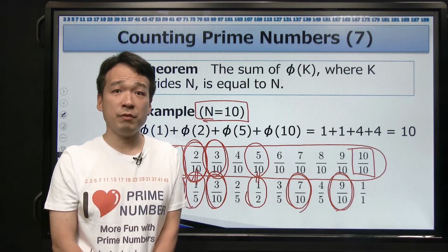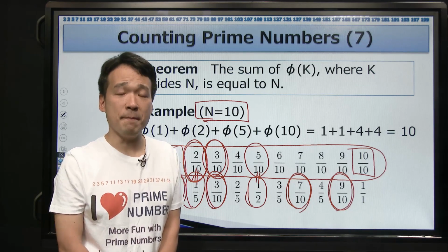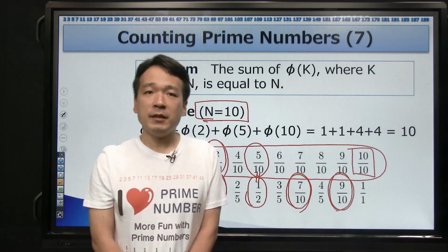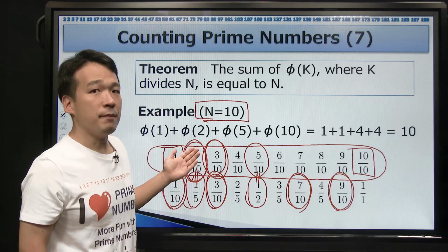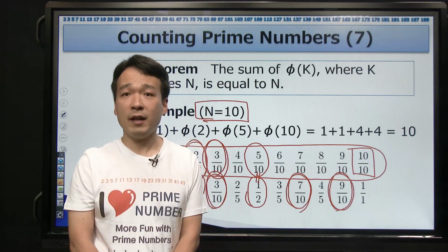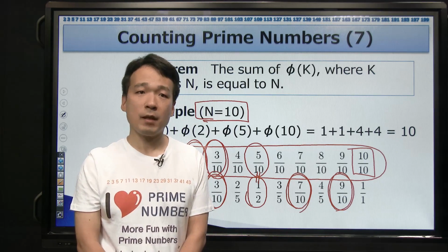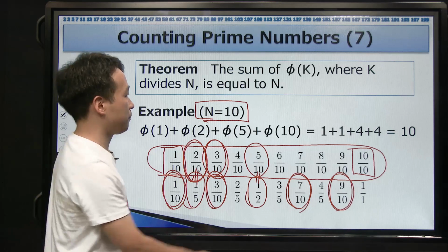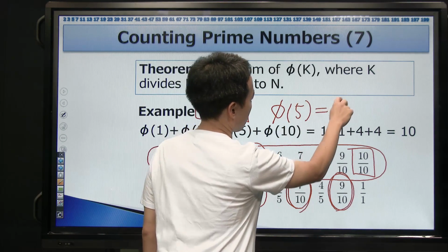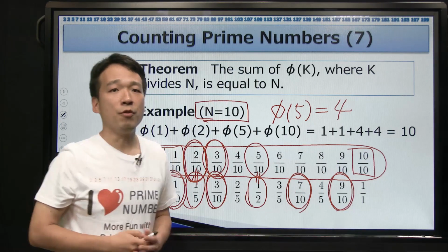The same is true for any k dividing 10. If k is 5, the number of fractions in lowest terms with denominator 5 is equal to phi of 5. Phi of 5 is 4.